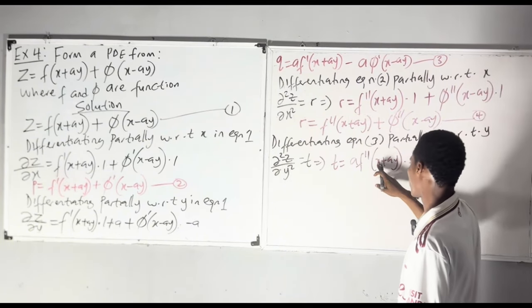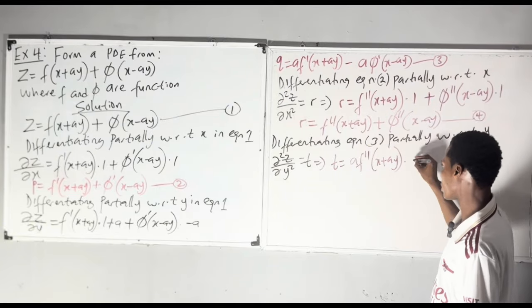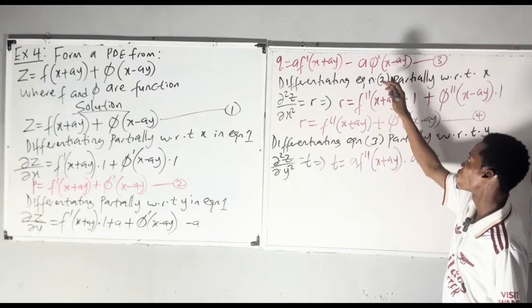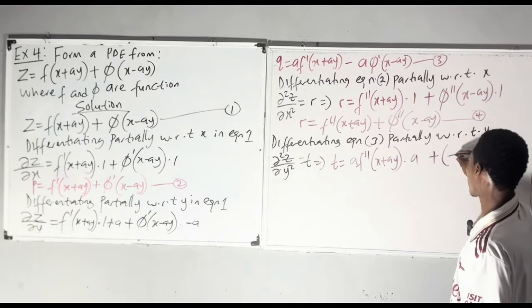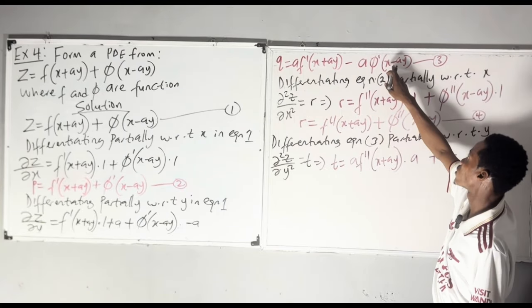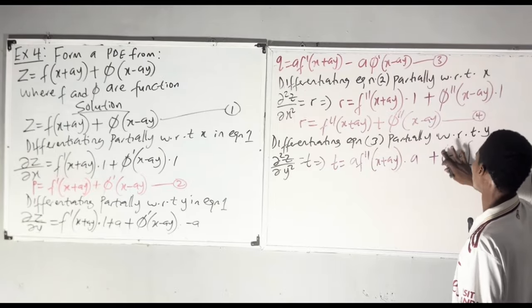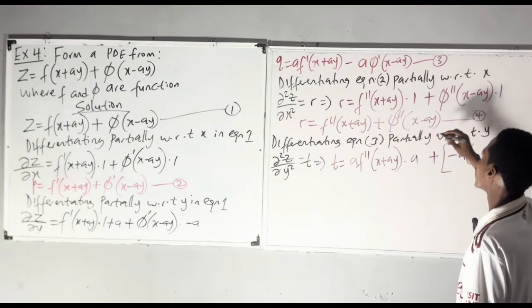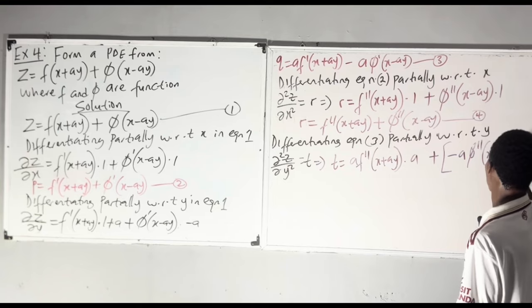If I differentiate x here, I'm going to have 0, and differentiating y gives 1 times a, so I have a outside. Plus the second one, I have plus then minus a phi prime prime (x − ay).